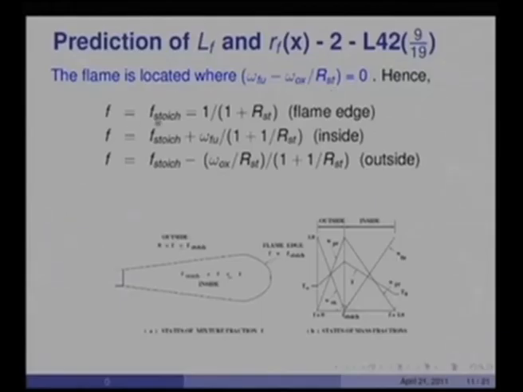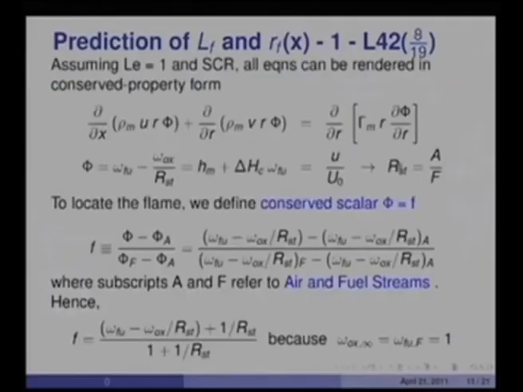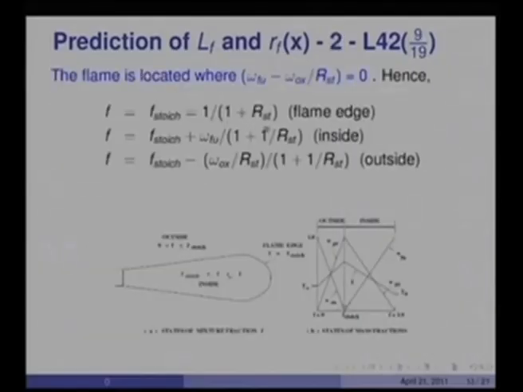So, F equal to F_stoich will be equal to 1/(1 + RST), that is the edge of the flame. F will equal F_stoich plus ω_fu/(1 + 1/RST) inside the flame, and F will equal F_stoich minus (ω_ox/RST)/(1 + 1/RST) outside the flame. This follows from this. The flame edge would correspond to simply ω_fu − ω_ox/RST equal to 0, that would be equal to 1/(1 + RST).